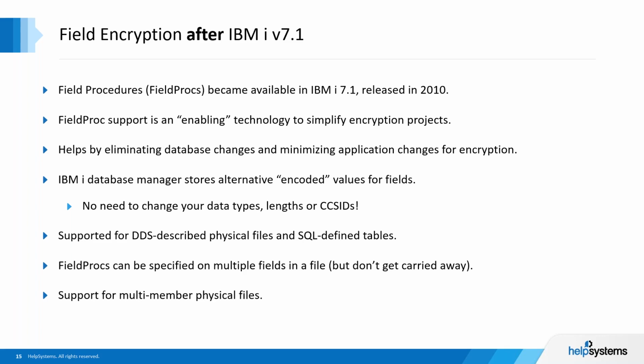Field encryption at 7.1 also supports multi-member physical files. So if you are using multi-member PFs, then that's not a reason not to use field encryption using FieldProcs. So this was a fantastic introduction by IBM. The database change alone was of great value, meaning that we no longer had that butterfly effect on the database.